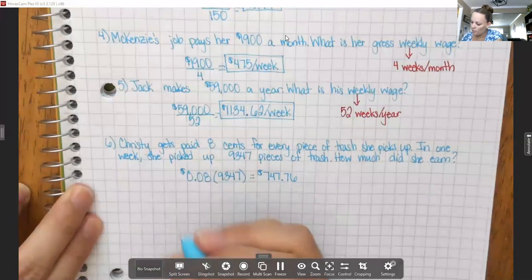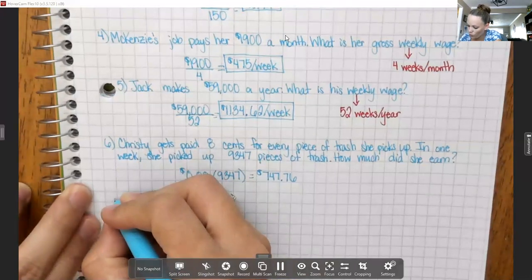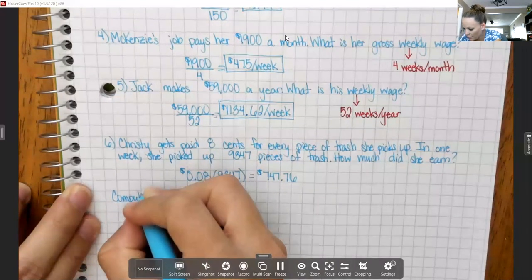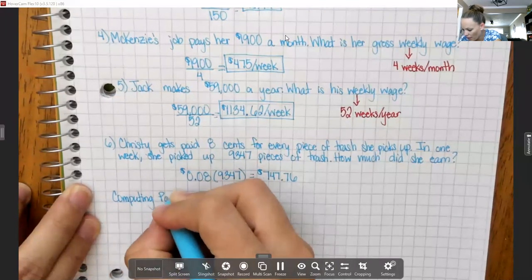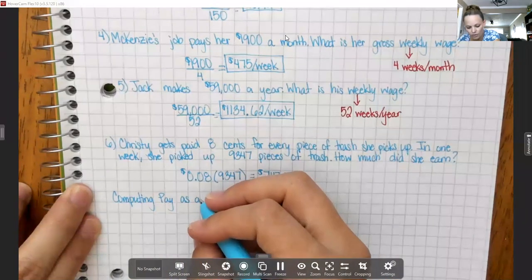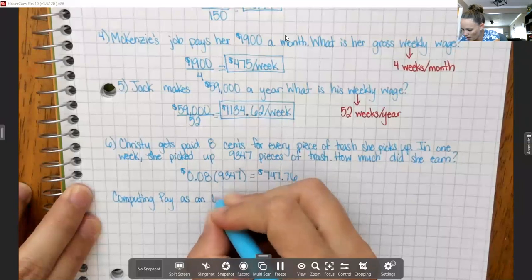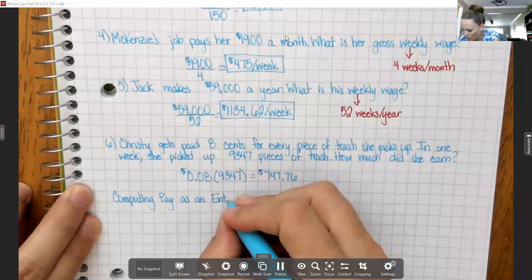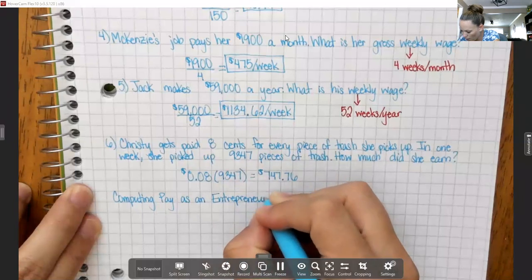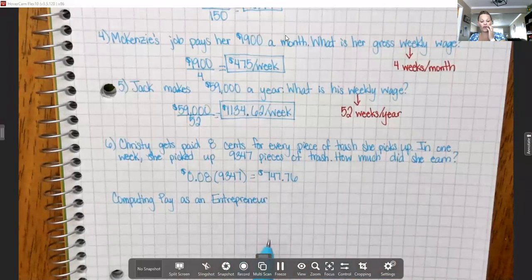And then we're going to do 2 more examples. So computing pay as an entrepreneur. So remember, that means if you work for yourself.